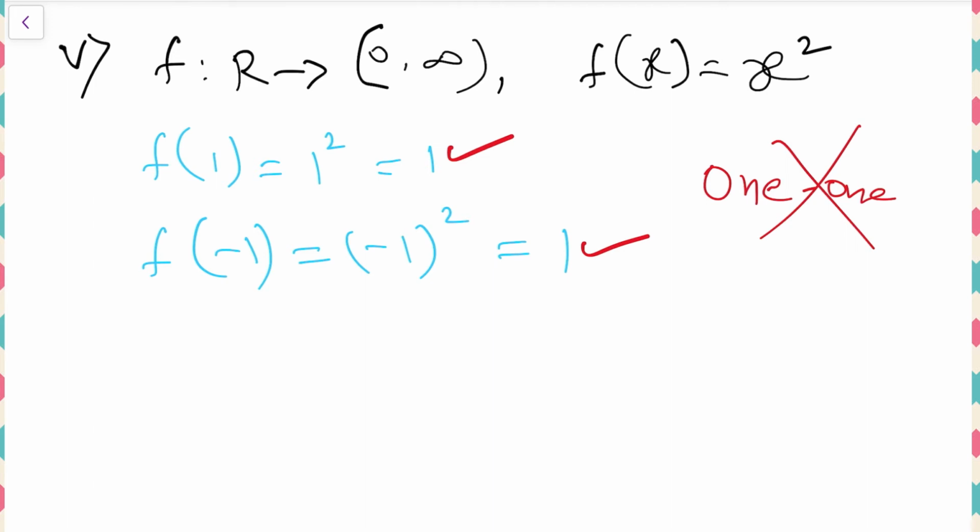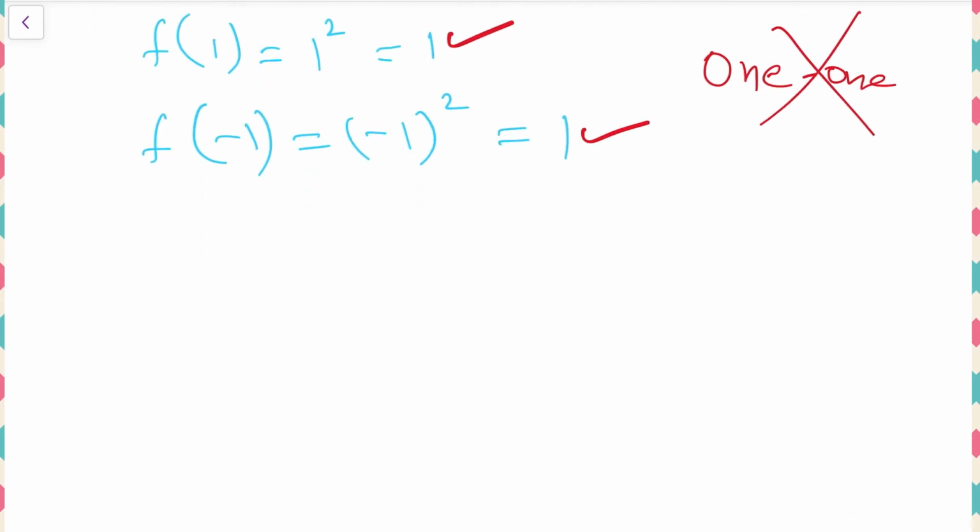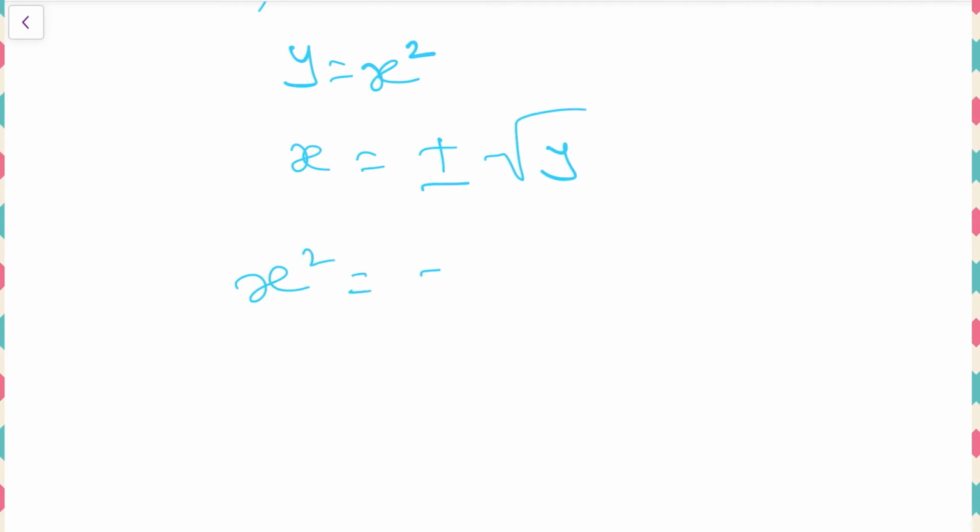Then let us check whether it is a surjection or not. Given function, take it as y equals x square. Then x value will be plus or minus under root y. Now this x value we need to substitute in the given function, that is x square. X is nothing but plus or minus under root y whole square.